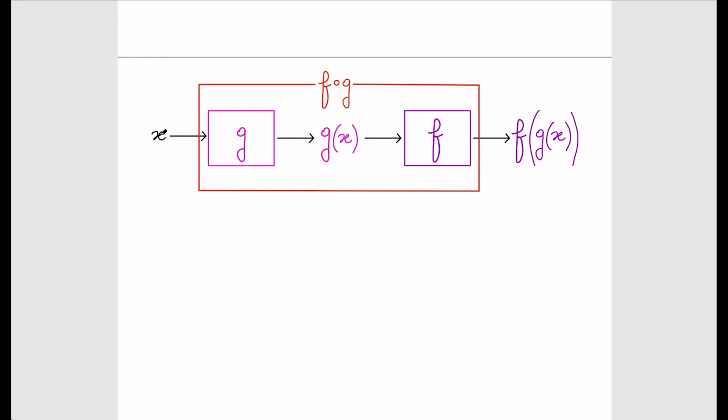So if the input is x, it's going to output g of x. That's going to become an intermediate output, which in turn is going to become an input in the left function f. And then when f operates on this input, it is going to produce an output, which is going to be the output of the entire function, f circle g.